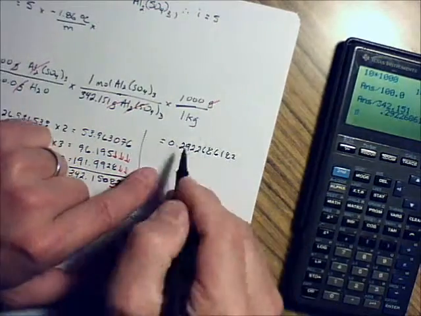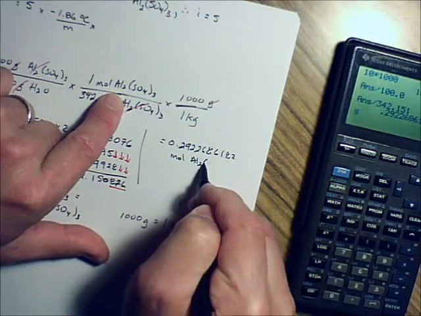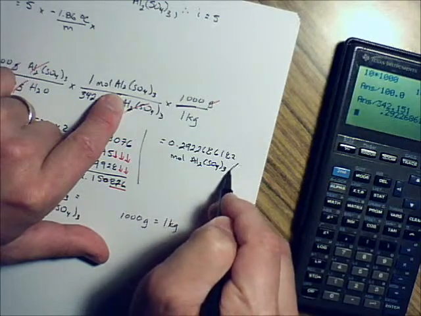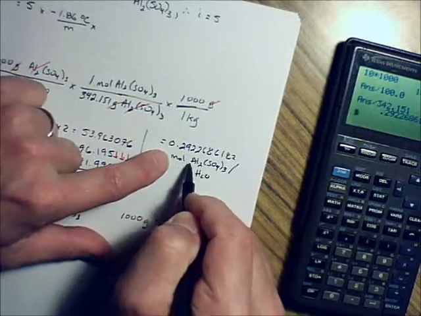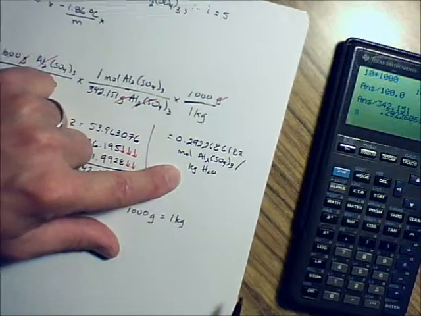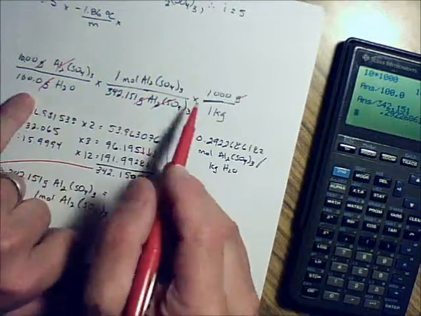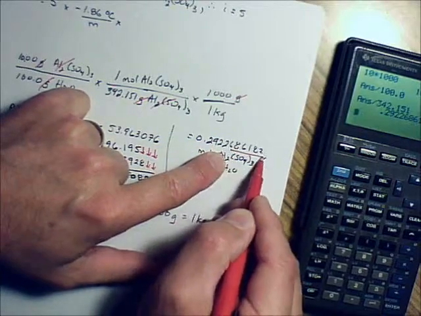Okay. Moles of aluminum sulfate over kilograms H2O. Now this, moles of this over this, is molal. So when I do my rounding off, I can change that unit to that. Let's see, how many units do I need to round off to? I need 4 units of my answer.